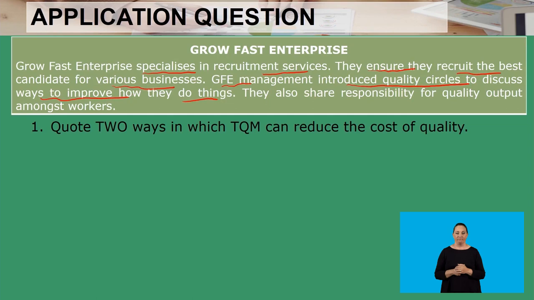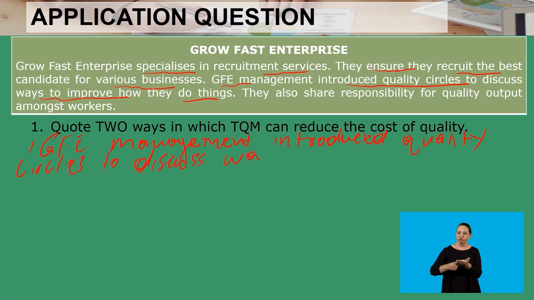So this is what you should quote. That is the first sentence you should quote. The first one is the idea that GFE Management introduced quality cycles to discuss ways to improve how they do things.